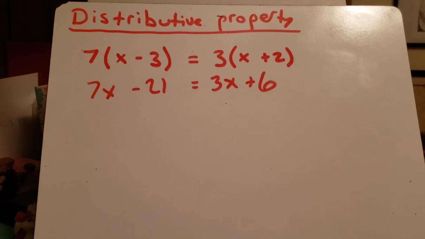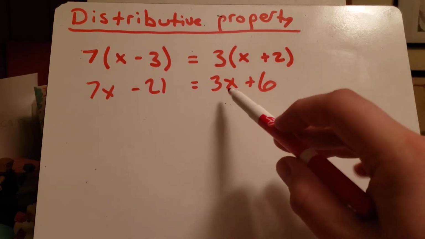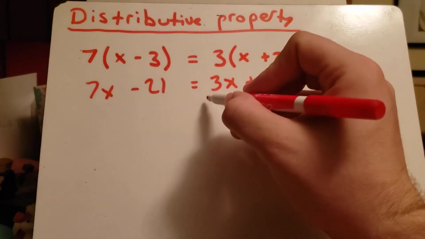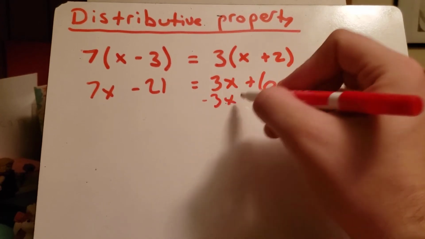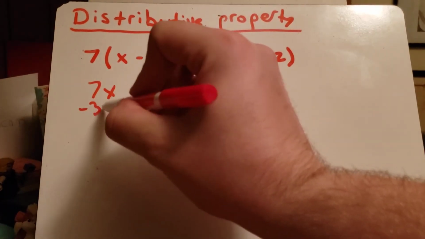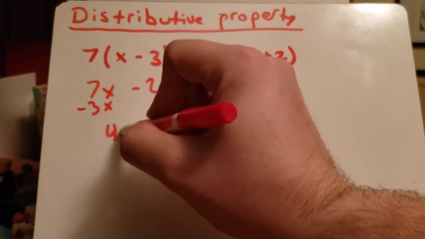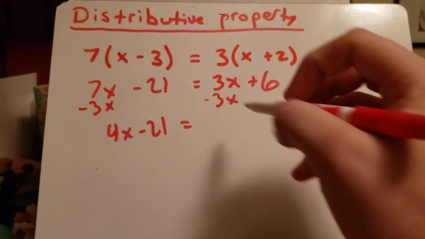And now this is an equation that we can solve just by moving things around. Now remember, from a couple videos ago, we can move things around in an equation by doing the opposite sign to them. So for instance, if I wanted to move this 3x over to here, I can subtract it because it's a positive 3x. And if I subtract it from both sides, everything's good.